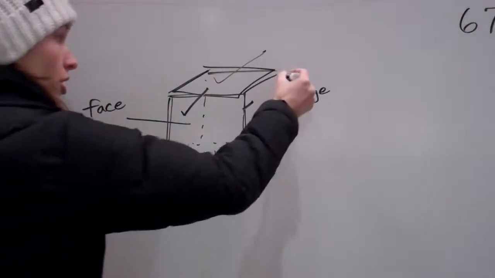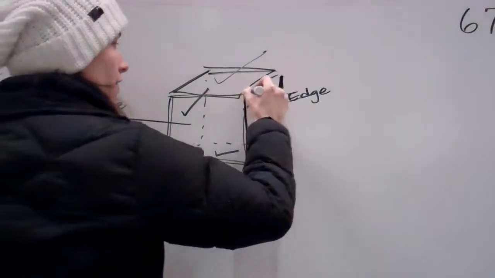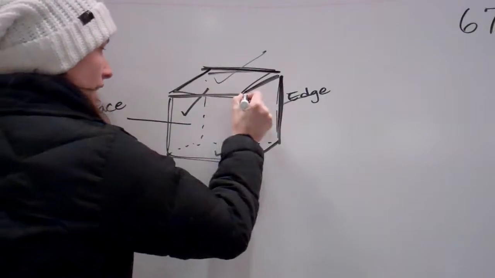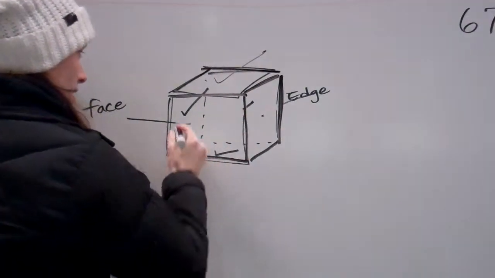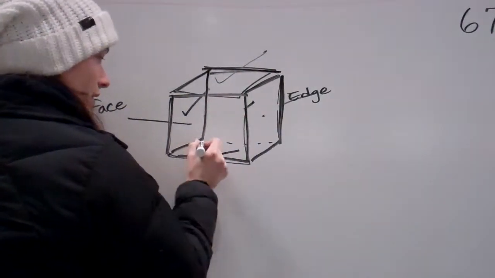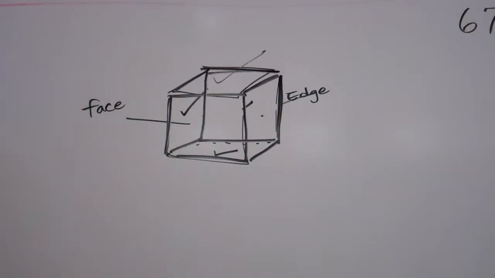Let's count. 1, 2, 3, 4, 5, 6, 7, 8, 9, 10, 11, 12. 12 edges. If we were to look at this Bible, I think that's what it's going to have as well.